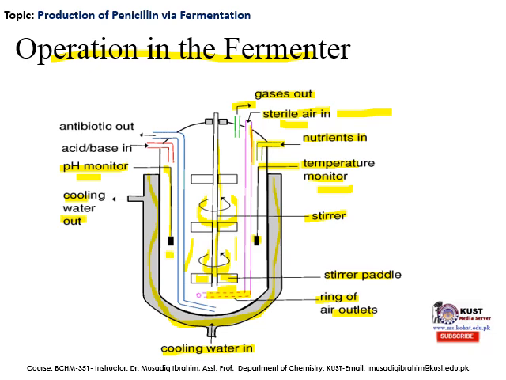And if the pH monitor shows that the pH is not of optimum value, then there is an inlet for adding acid or base into the fermentation tank. So if the pH has decreased, then the base will be added in order to get the pH of the whole culture to an optimum pH level.